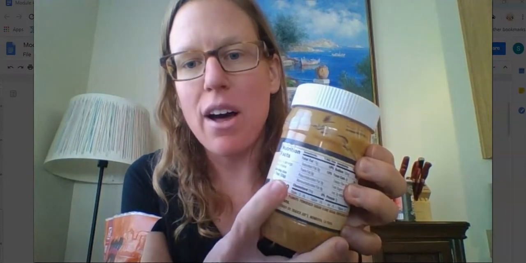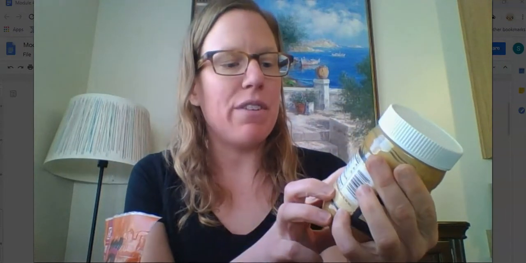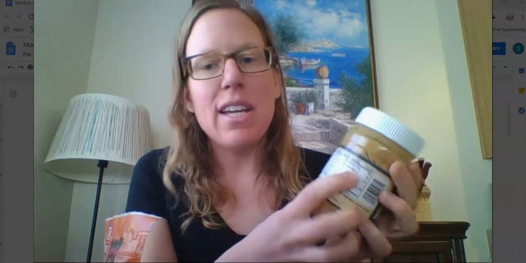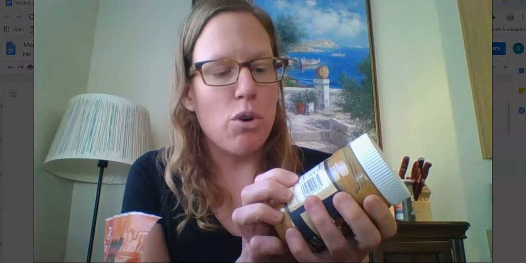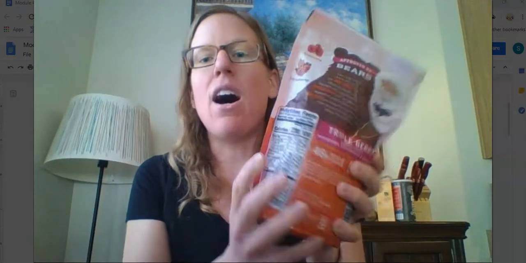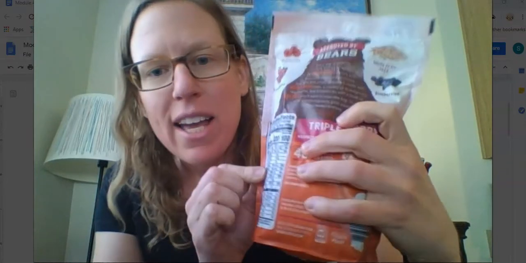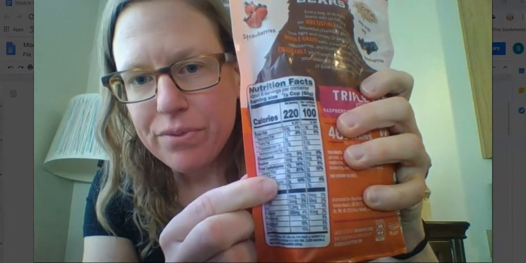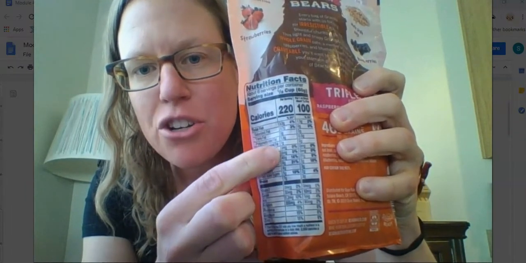My other foods that I really enjoy, I really like peanut butter. And so that nutrition label is on the back. One of the differences about peanut butter is, though, that it has more sugars than proteins. One thing I do want to point out is on my favorite granola, which is Bare Naked granola, there is a difference in sugar and carbohydrate.